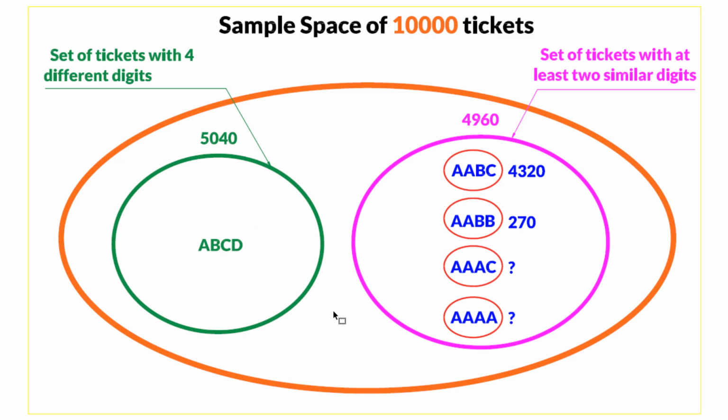So now we can come back to the diagram of sets and we can add that the tickets in the form A, A, B, B, their number is 270. Now the question is, what is the number of tickets with 3 similar digits in the form AAAB?